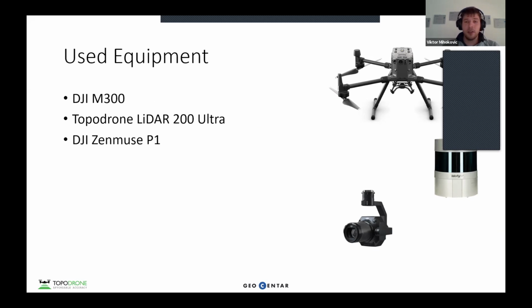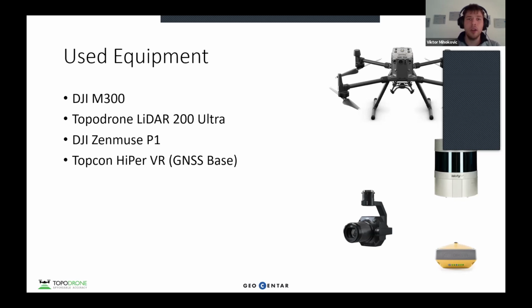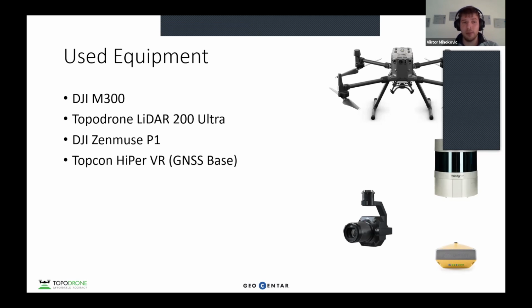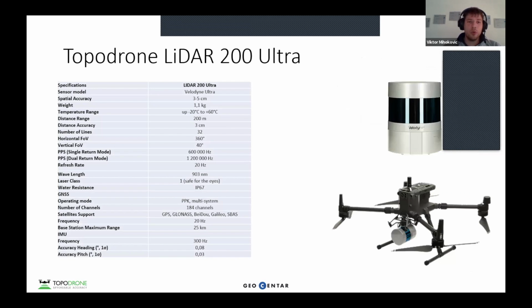All of this is combined with a Topcon Hyper VR GNSS receiver as a GNSS base, because, as you know, to get better accuracy, you would use PPK post-processing. You can use basically any GNSS receiver, but since they're our client, they bought the Topcon receiver from us, so they used it.